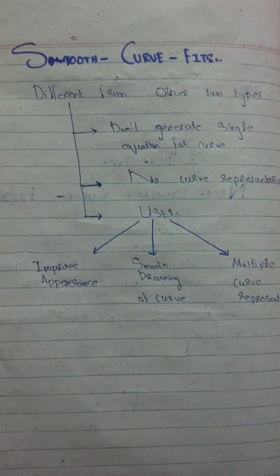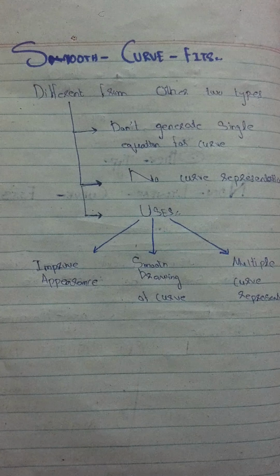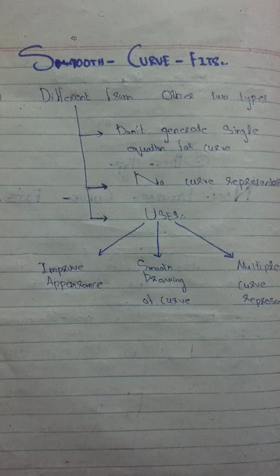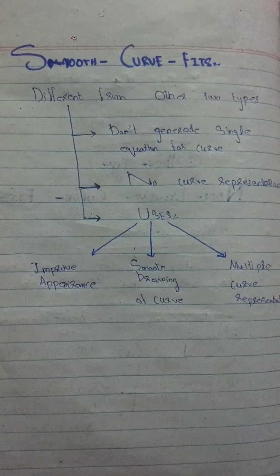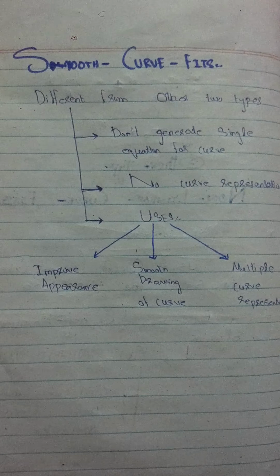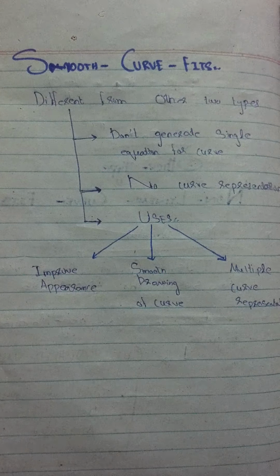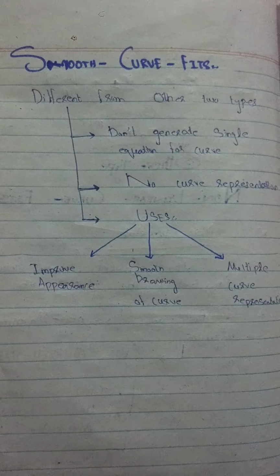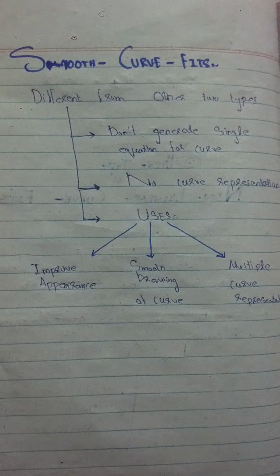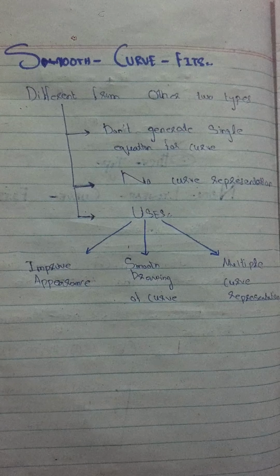Lastly, another curve fitting method is what we call smooth curve fitting. Smooth curve fitting is different from other curve fitting types like least squared and non-linear curve fitting, because it does not generate an equation for the resulting curve, because there is no single equation in this case.